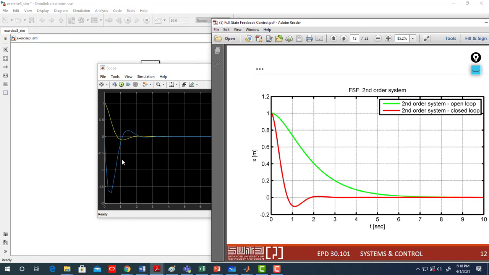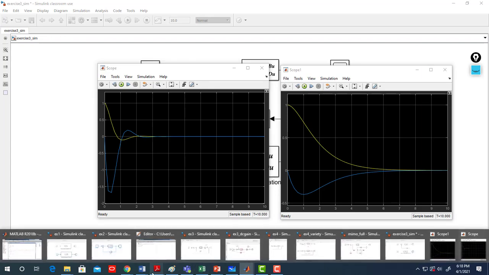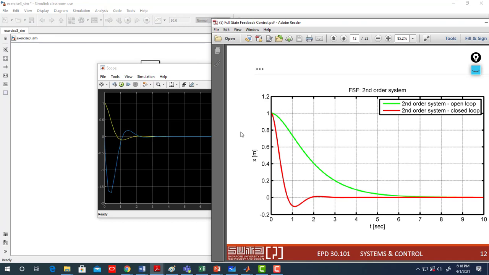Good. So the other for the second state, which initially started at 0. So you see it was very slow. I make it faster. Of course, in his PDF, I mean his plotting, open and closed loop together for one of the states.